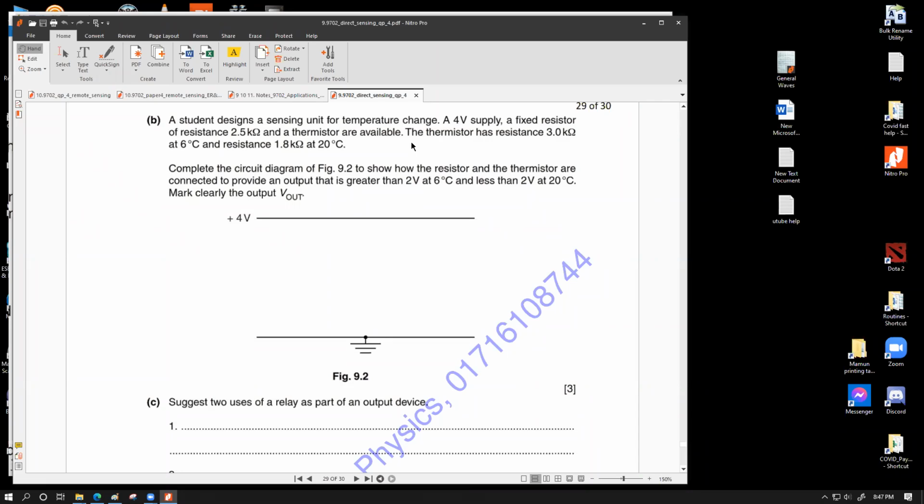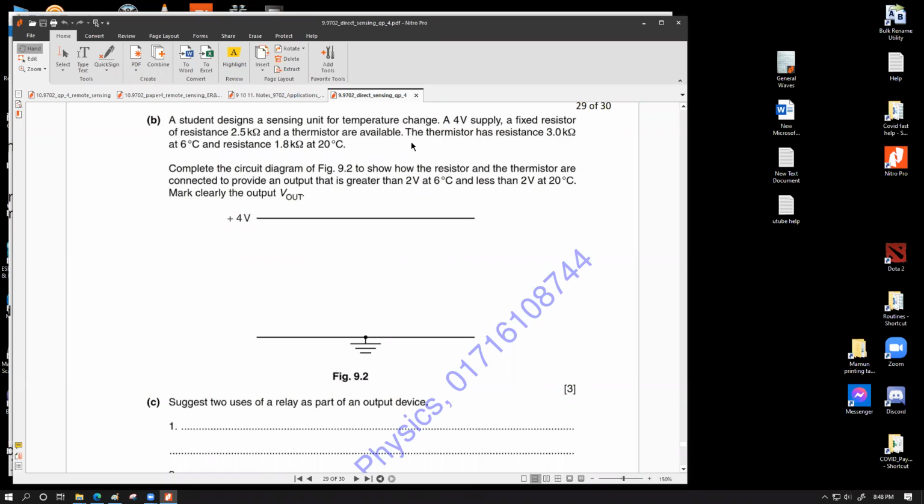Okay. Let me think. Fixed resistor 2.5 kilo ohm and a thermistor are available.